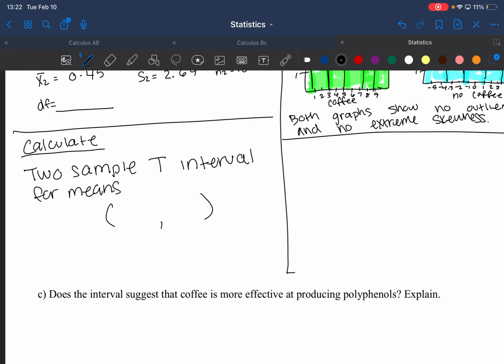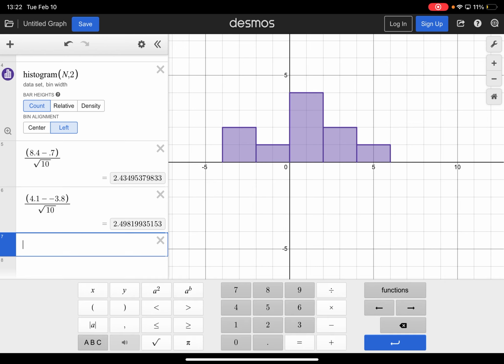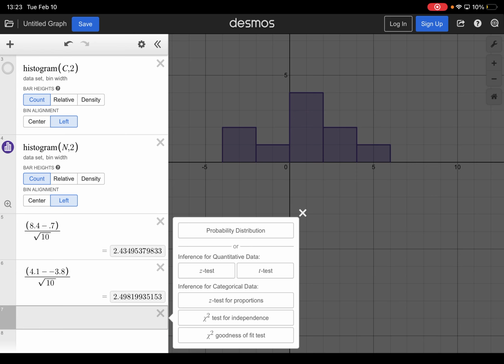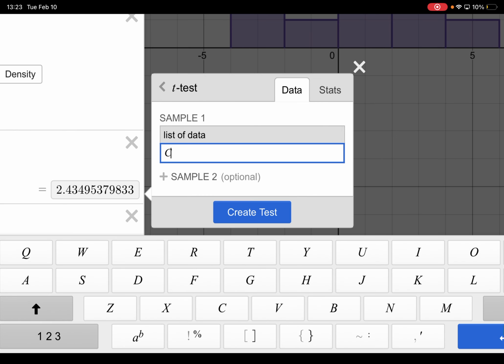Okay, so when I go to Desmos, I'm still using my t-test. I'm going to go to add an inference. I'm clicking on t-test. And I'm going to put in both my data lists. For sample 1, I'm going to put in C for coffee.